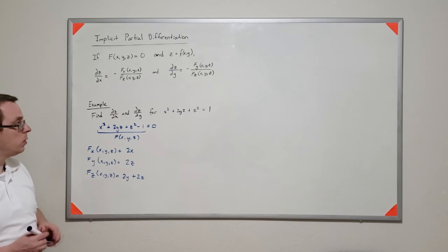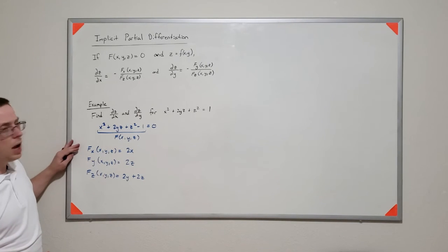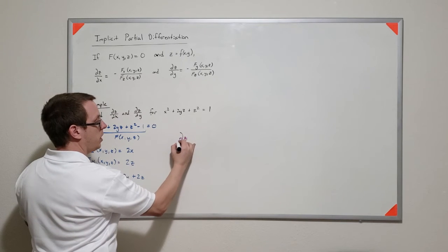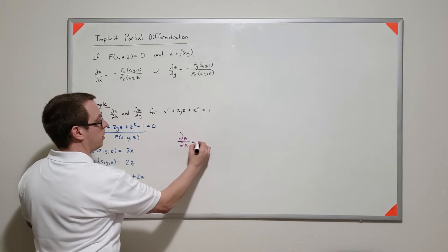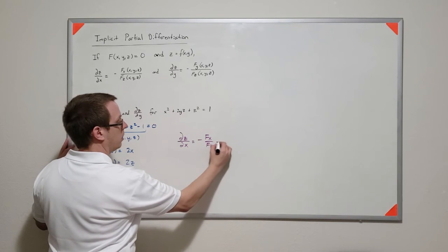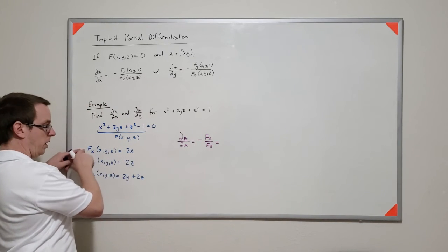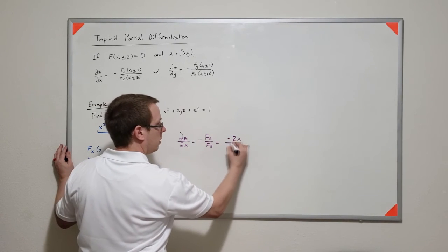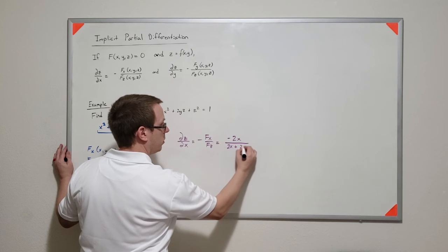So grabbing another color here, I can say that the partial of z with respect to x, I take this divided by that, so I get negative 2x over 2z.